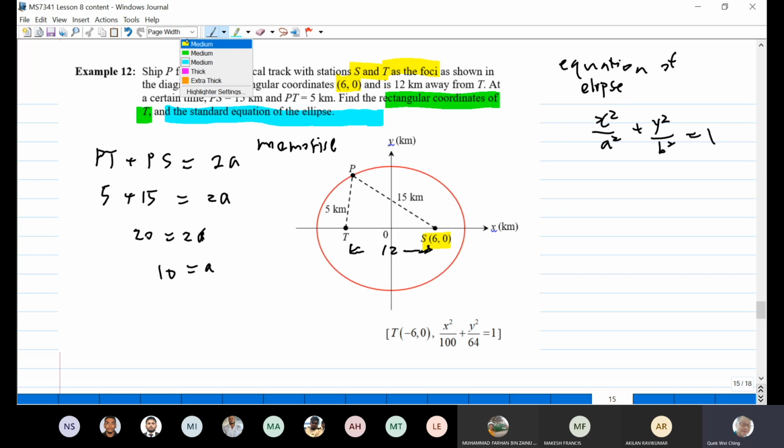The major axis is horizontal, under x here. So we need to know what b is.